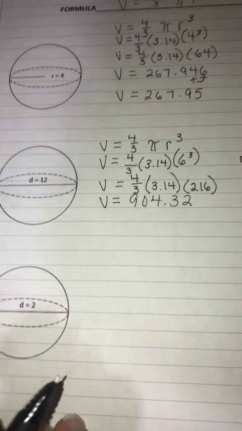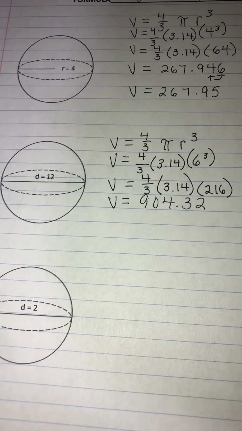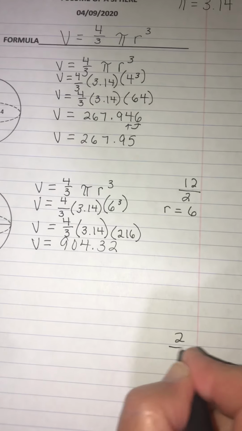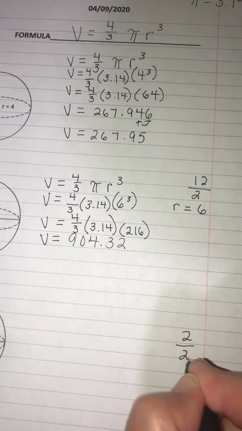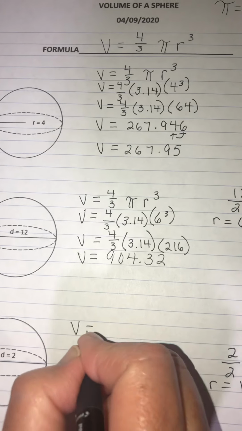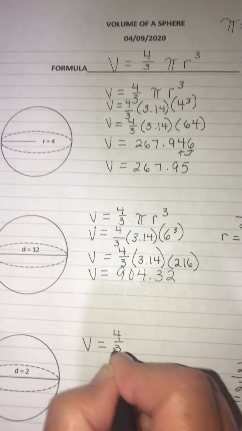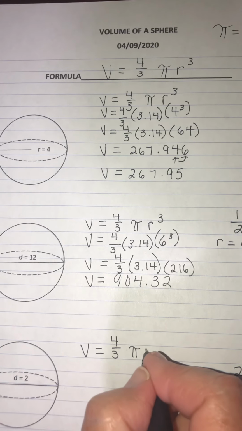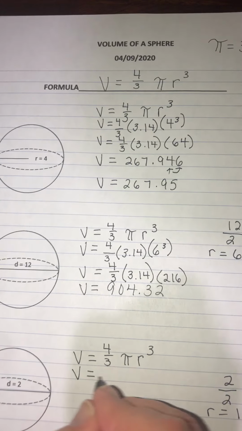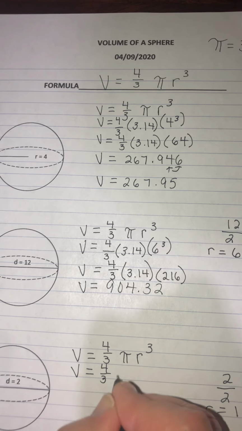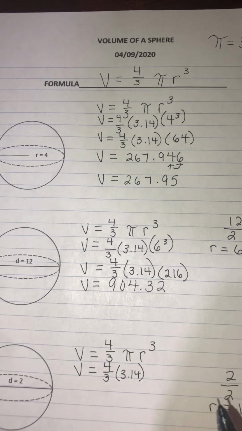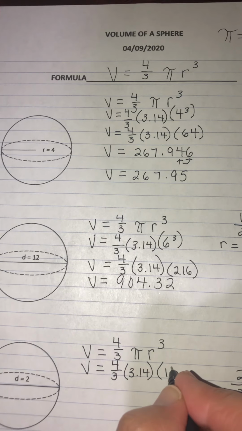Last one, diameter of 2, so I have to come over here, 2, and I have to divide by 2, gives me a radius of 1. So V equals 4/3 times pi times the radius cubed. So V equals 4/3 times 3.14, and the radius we said was 1 cubed.